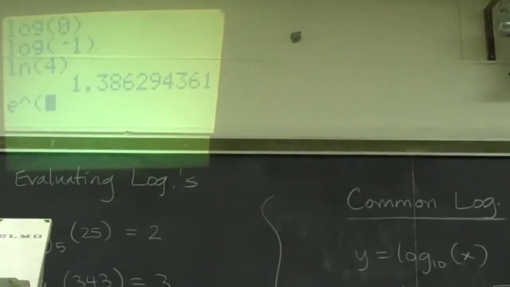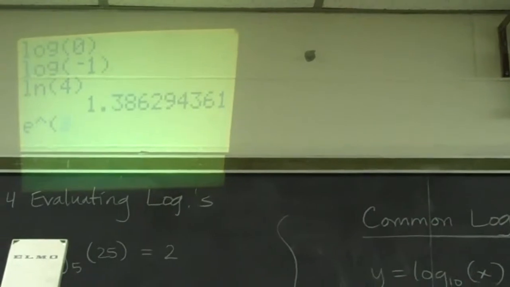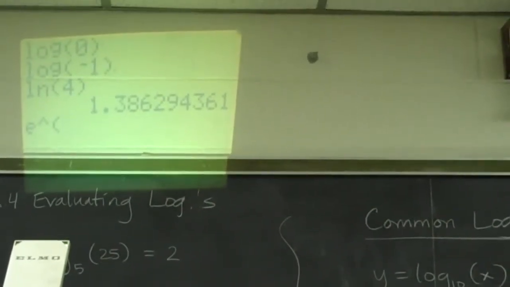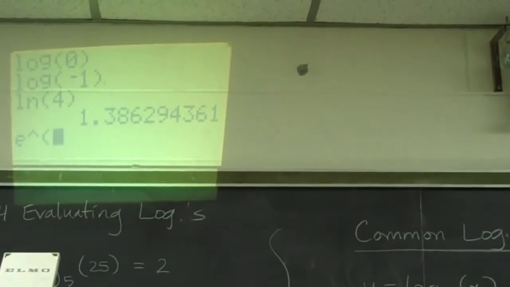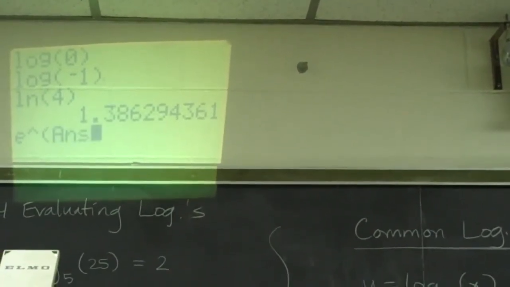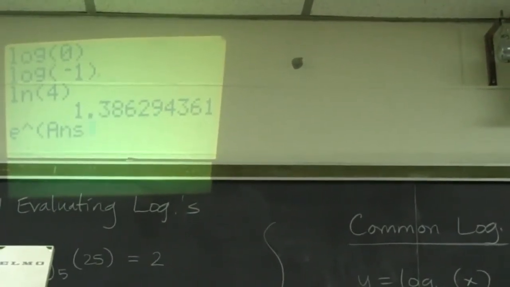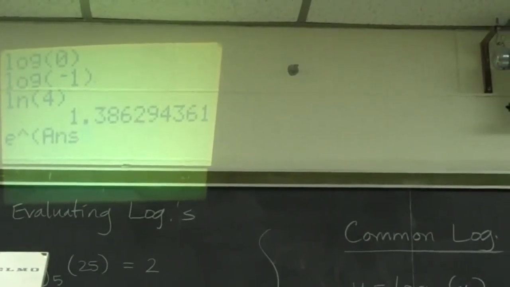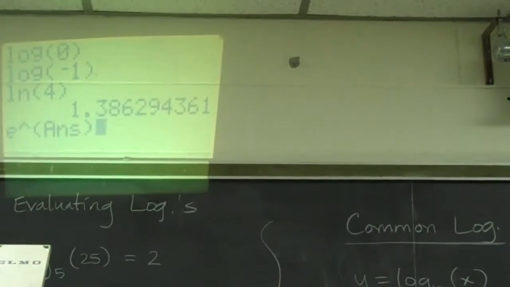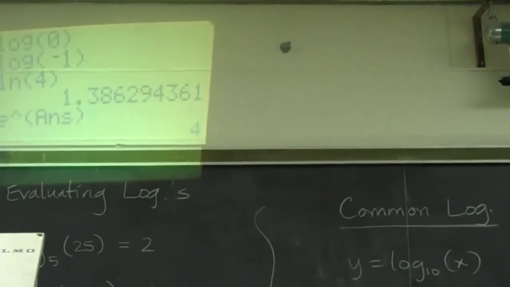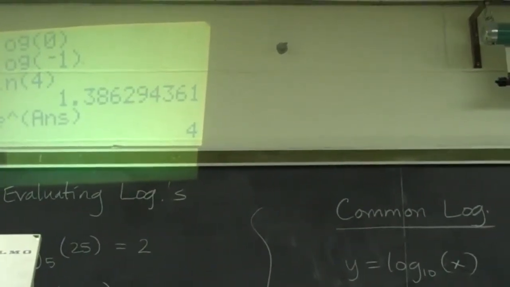There's a couple ways. I could have stored it, but it's too late for that. That would have been one way. Did y'all know about second answer? If you hit second, then your negative sign. Y'all see that ANS? That means use whatever this guy is. So if I do e to that number, I get 4.